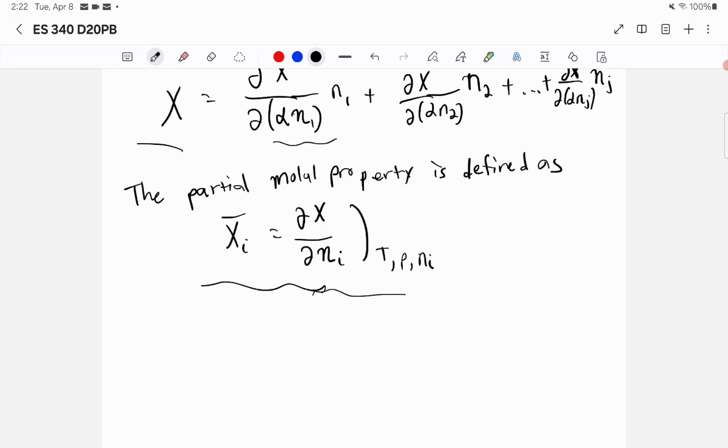So if I had, for instance, a mixture of O2, which is oxygen, and N2, which is nitrogen, then the partial, say, volume with respect to oxygen would be related to the number of moles of oxygen, right?